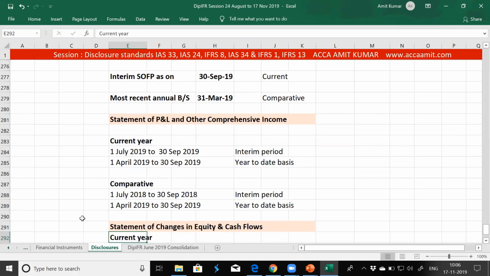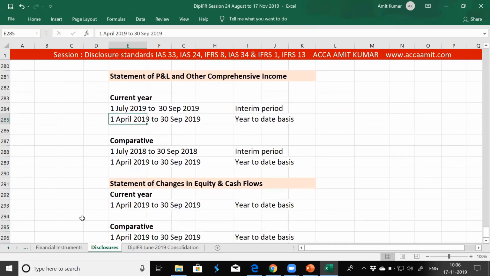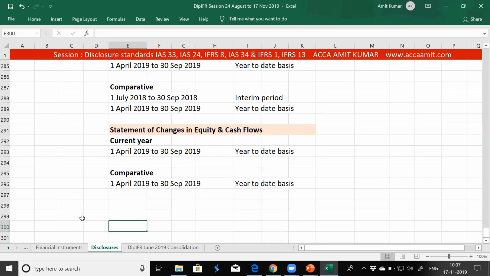If you're presenting income statement, you need to publish the current interim period as well as comparative. You need to also present year-to-date basis period as well as comparative. For changes in equity and cash flows, we simply need to give year-to-date basis current period and comparative for changes in equity and cash flows.